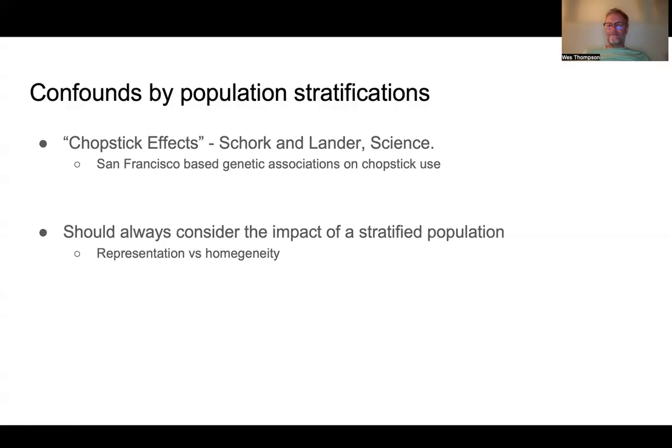The reason is quite simple: people of East Asian ancestry tend to use chopsticks, and people of European ancestry tend to not use chopsticks, though that's changed over the years a bit. But you'd still find associations across the genome where the allele frequency has drifted across populations from genetic ancestry. And that would create a spurious relationship between genetics and using chopsticks. It's completely obvious that genetics has absolutely nothing to do with using chopsticks whatsoever.